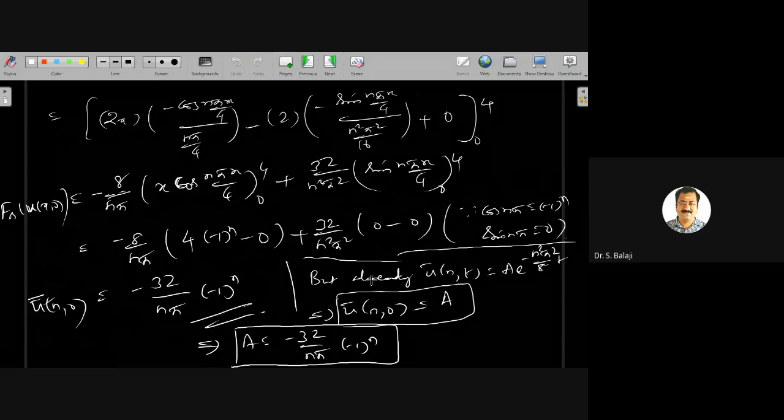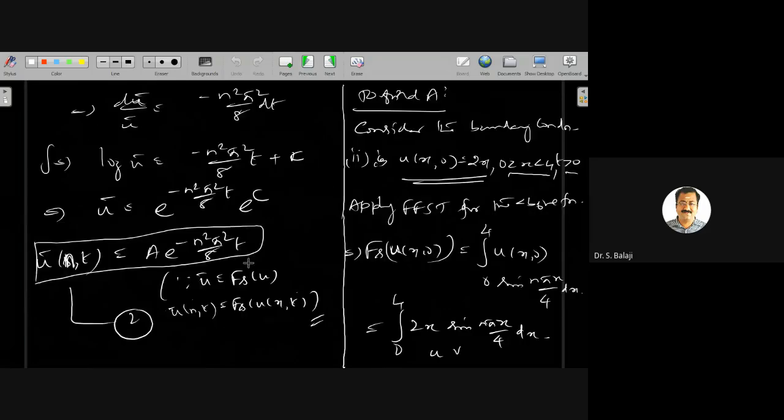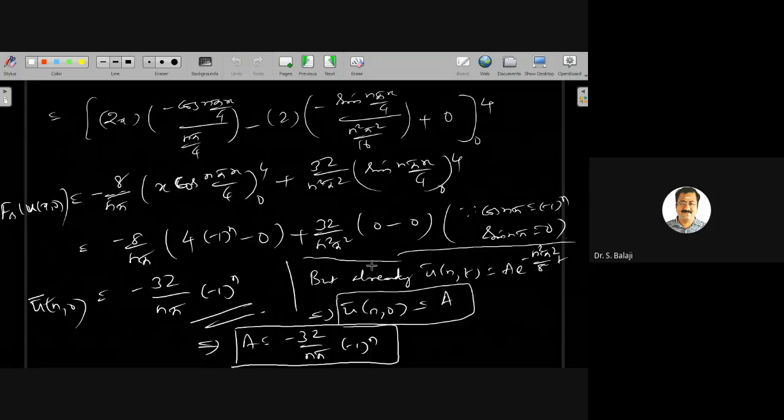But already we have completed u bar of n comma t, on the previous page. u bar of n comma t is equal to a e power minus n square pi square by 8 into t. Therefore, if you put t equal to 0, you can get a. Put t equal to 0 here, then u bar n comma 0 equals a.